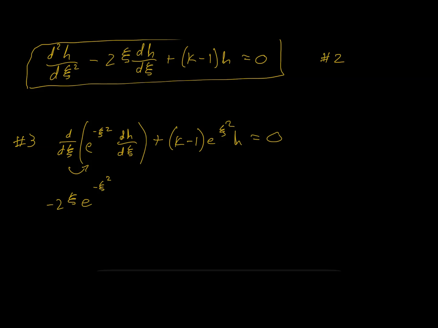So the derivative of the first one, which is this, plus the first one, minus c squared times the derivative of the second one, which is d squared h over dc squared, and then plus the rest stays the same, k minus 1 e to the c squared h equals 0.